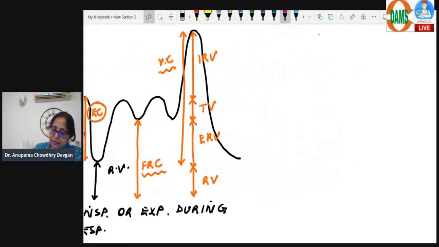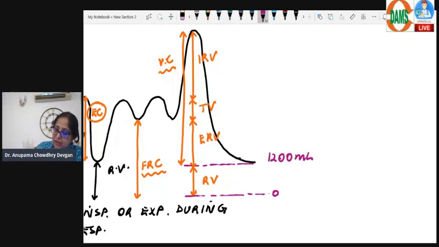if you see this here, if this is zero lung volume, this is the lung volume at the end of a maximum expiration, which is going to be residual volume. And residual volume in the case of males is 1200 ml, right? This is residual volume here. This is 1200 ml.